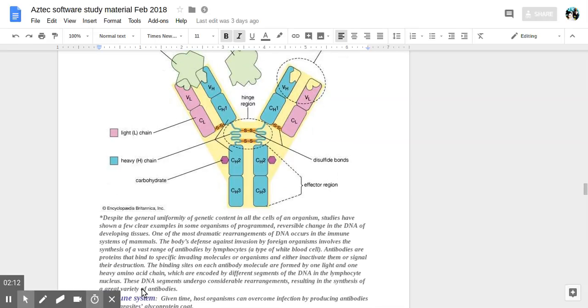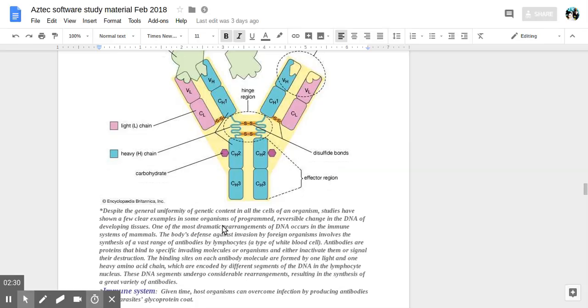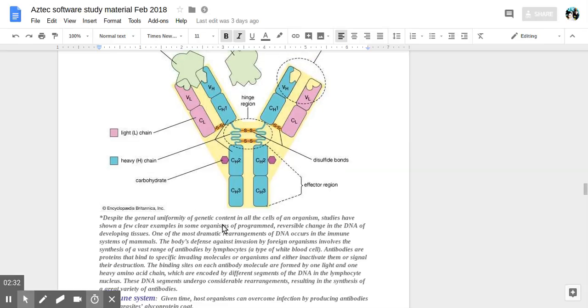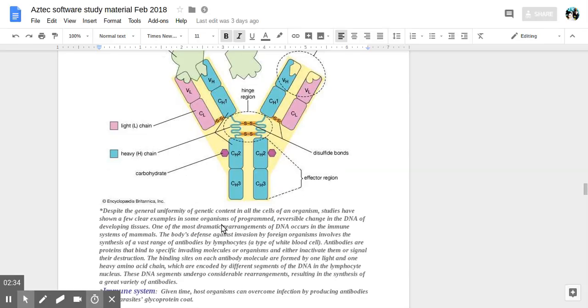So different kinds of proteins need to be coded in response to different kinds of antigens. The DNA segments undergo considerable rearrangements, resulting in the synthesis of a great variety of antibodies, which are proteins.